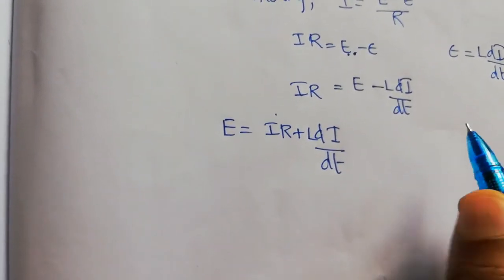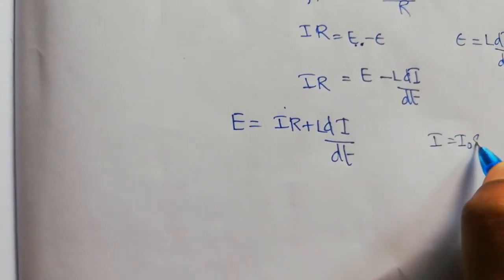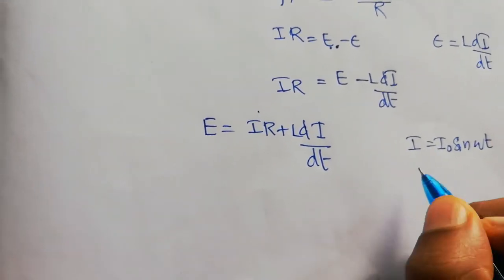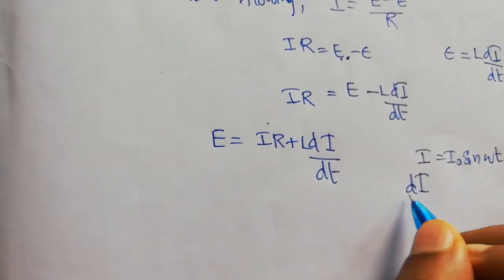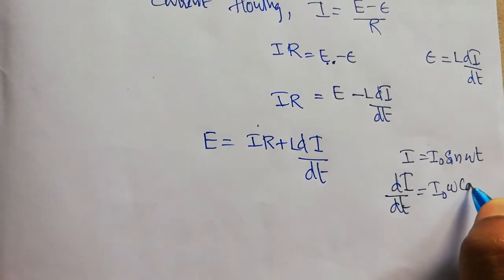And we know I is equal to I0 sin omega t is the applied current passing through the circuit. So, di by dt can be obtained from this. di by dt is equal to I0 omega cos omega t.